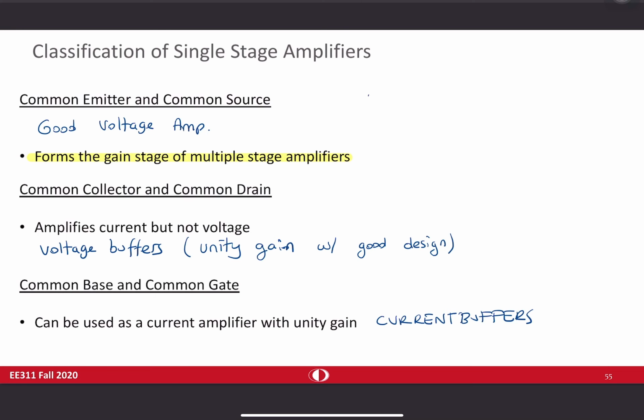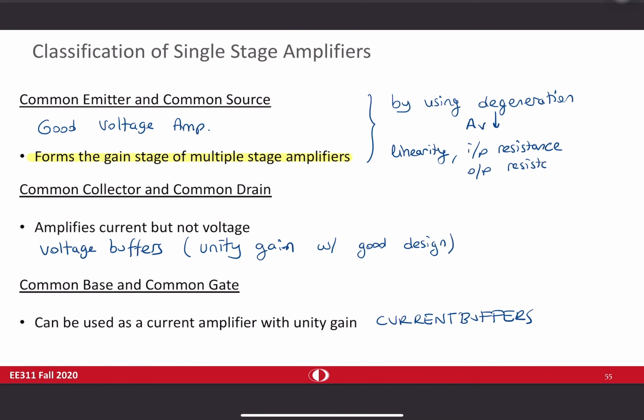And for these two, by using degeneration, you sacrifice from gain, but linearity, input resistance, output resistance, and stability improves. So degeneration sacrifices from the gain, but the other parameters are getting better and better.